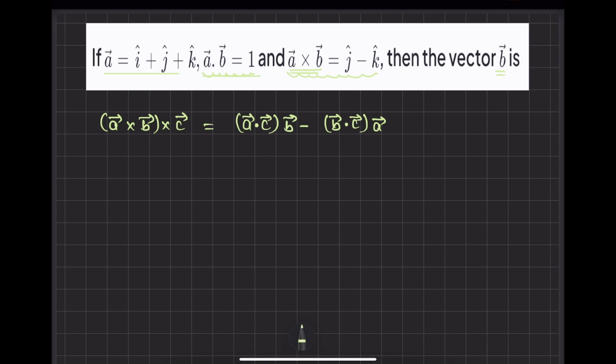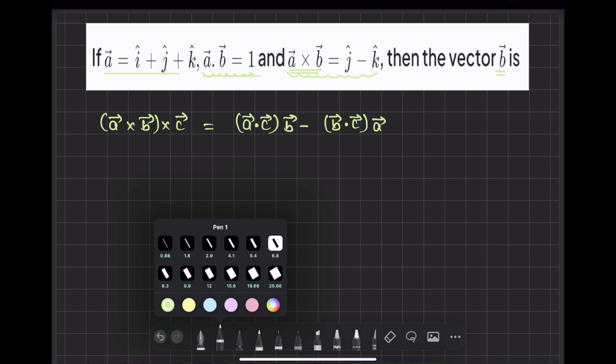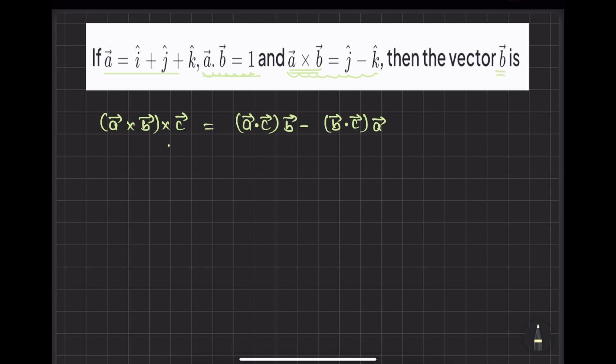So for time being, can I replace this C vector with A vector if you don't mind? Because if I replace this with B, it will become more complicated. Okay, A is known, that's why I'm substituting A. So the place where we have C, I will be writing A. Okay, and then everything copy paste.